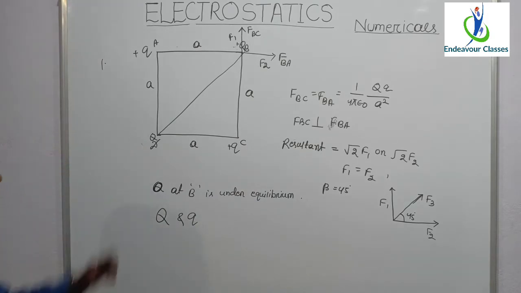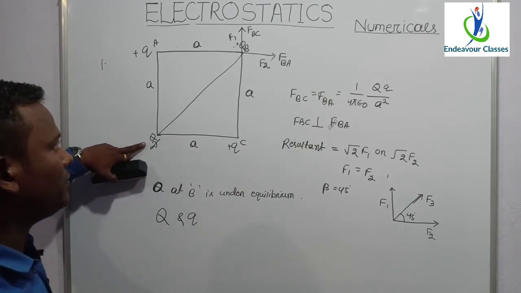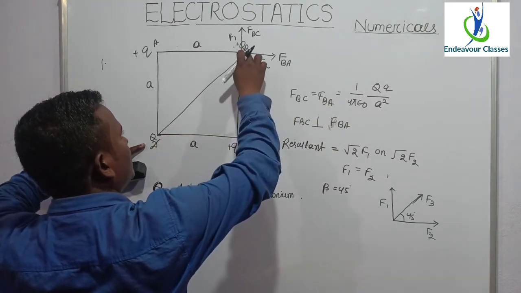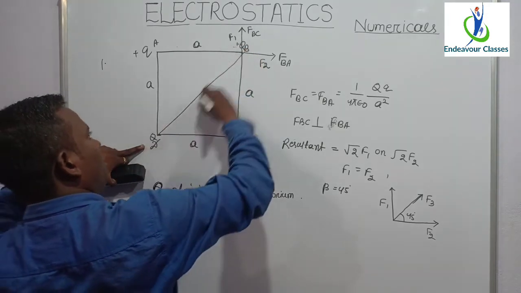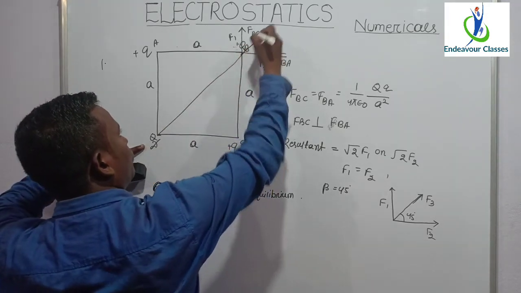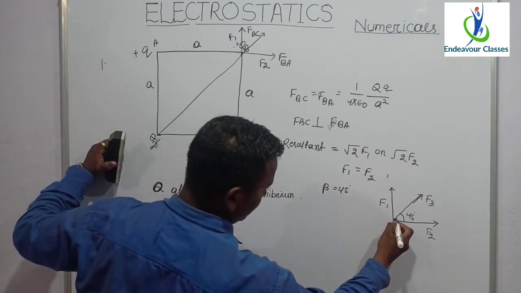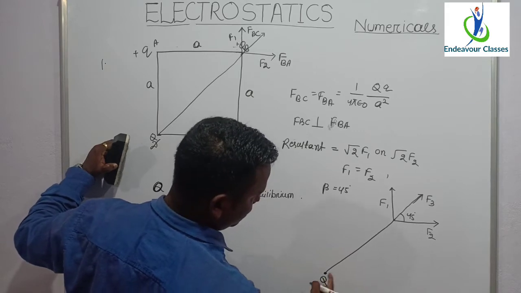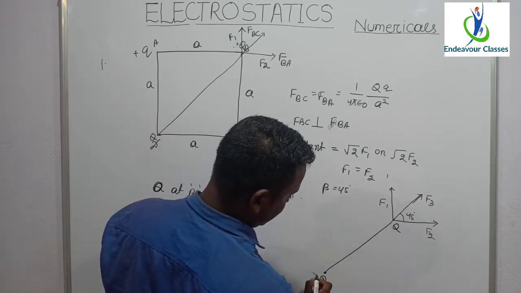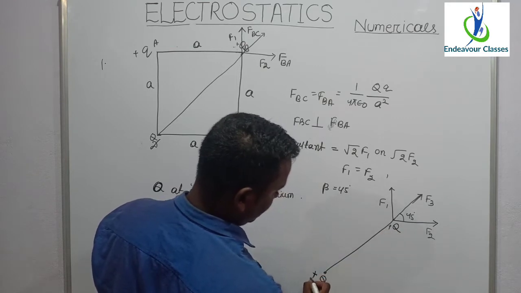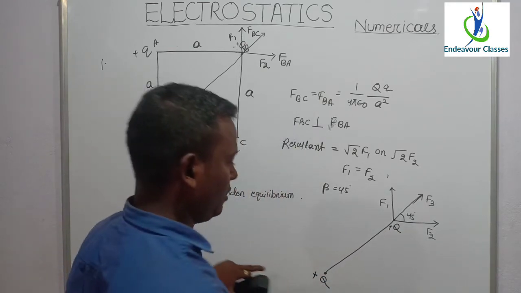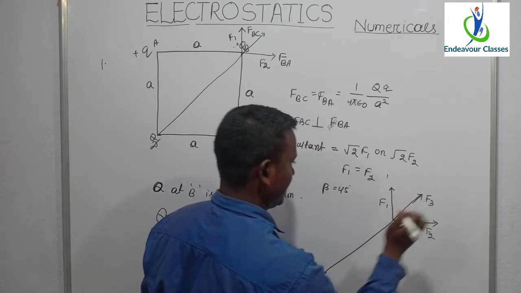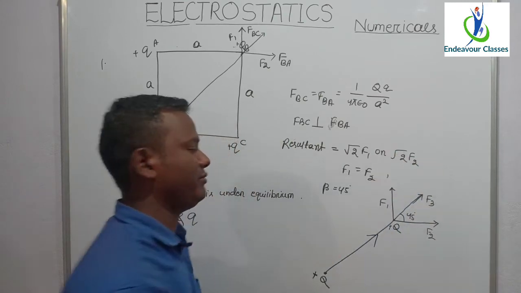Now the fourth charge, if this charge is positive, then it will also exert a repulsive force on this charge, because this is positive and this is positive, so the force will be repulsive and it will go along this. If this is Q, and this is also Q, and this charge is also positive, then the force will be repulsive and it will go along the same line as F3, in the same direction as F3.